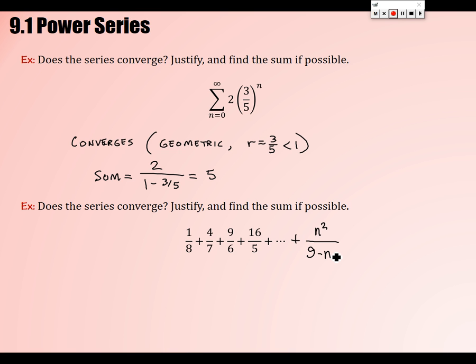What do you think on this one? Why does it diverge? Yeah, the terms themselves don't approach 0. We're just getting back in our mode here. It's been a while. Right?